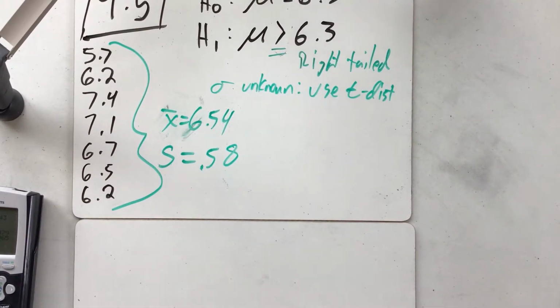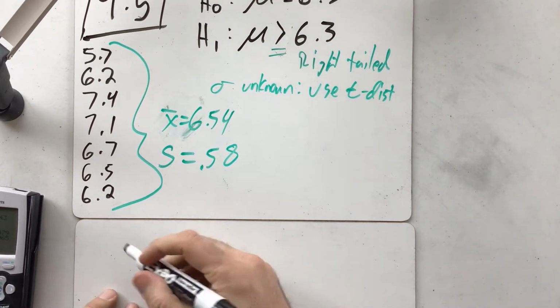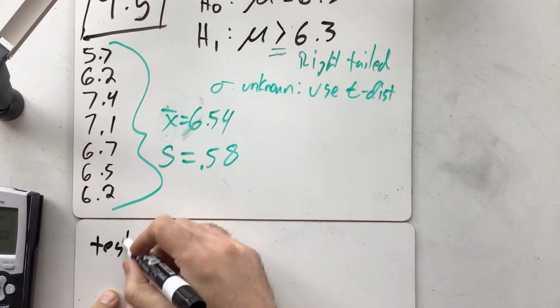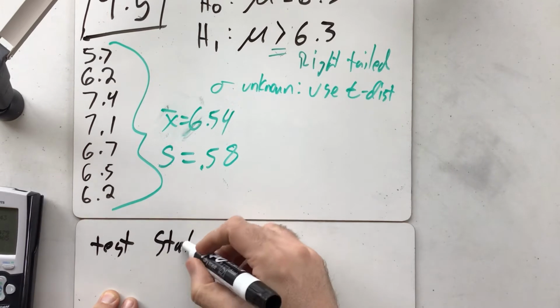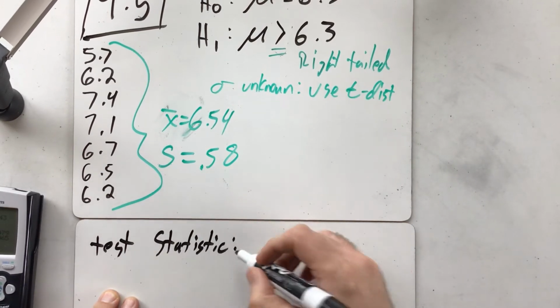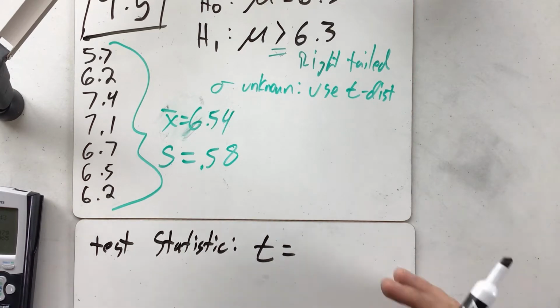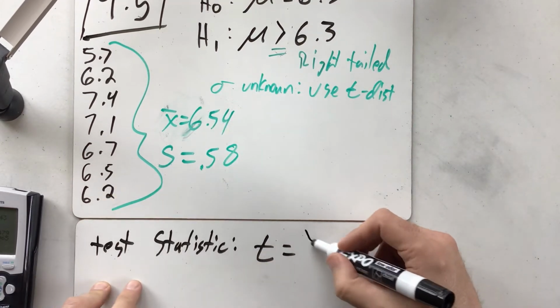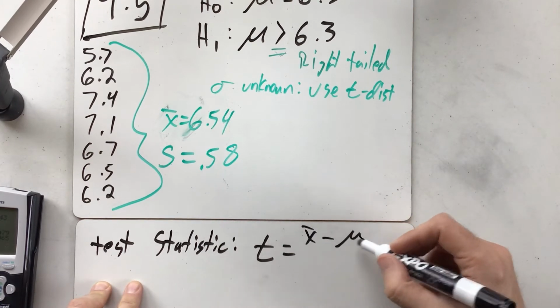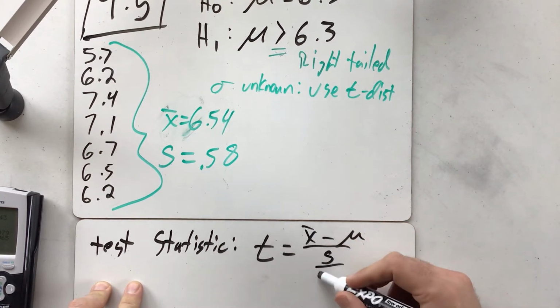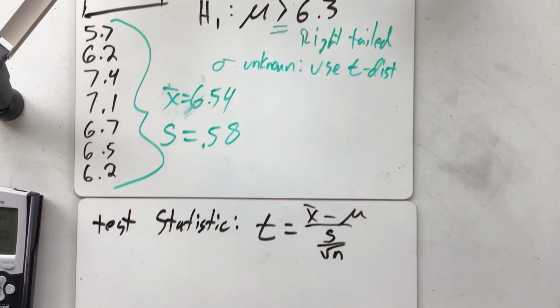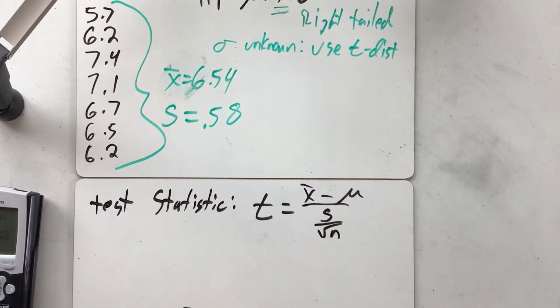So as I start tackling my problem, I'm going to find my test statistic. Remember, I'm using a t-test statistic because we don't know what sigma is. Our problem doesn't tell that to us. So that means we do X bar minus mu divided by S over the square root of n. Now all I have to do is pick the correct values for that.